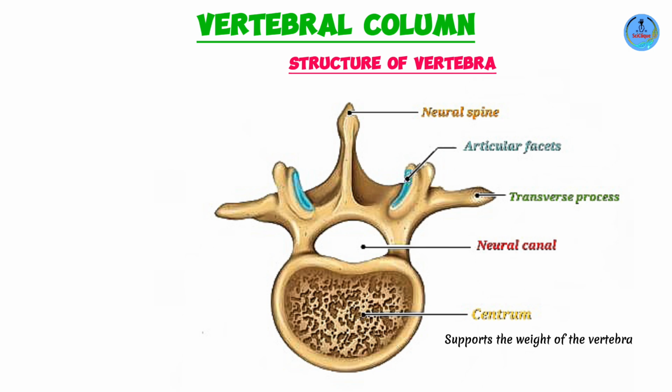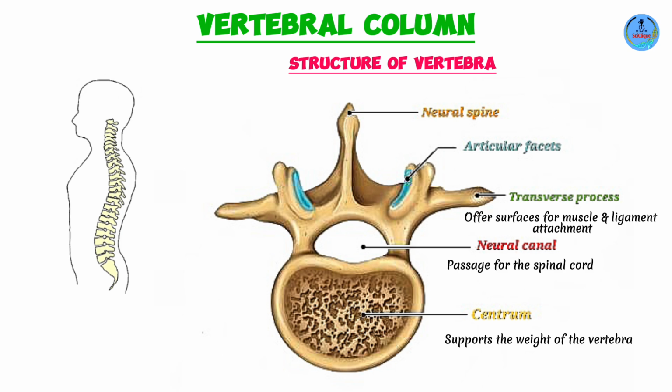Okay. The next part is the transverse processes. These are projections that arise from the side of the vertebra. So they provide a surface area for attachment of muscles. Moving on to the next one, the neural canal. When you hear the term canal, it simply means an area that is hollow to allow the passage of something.